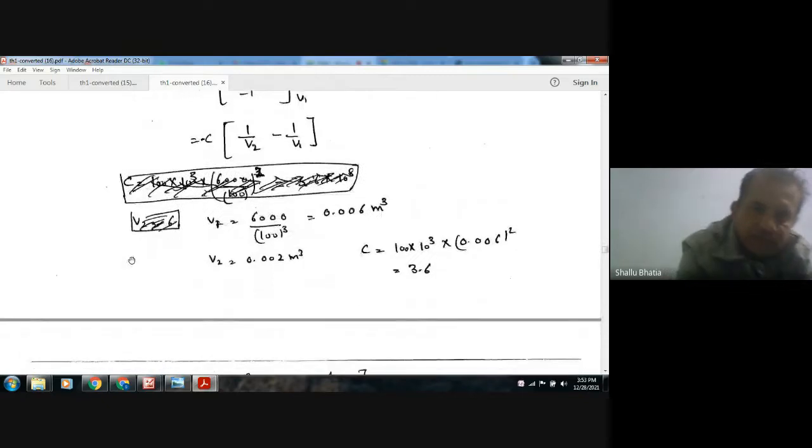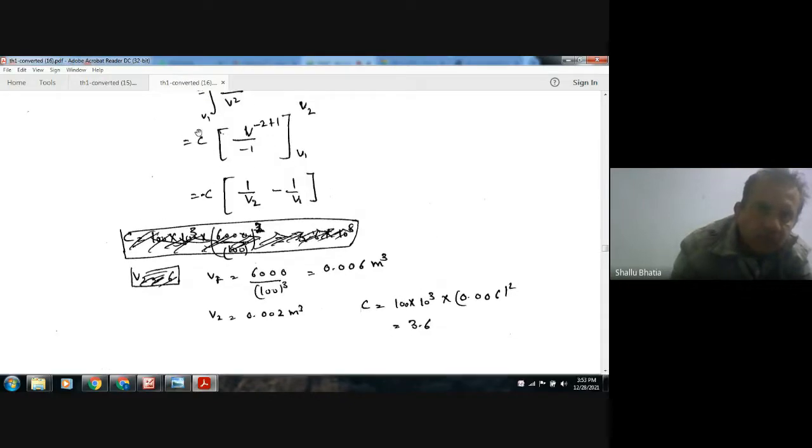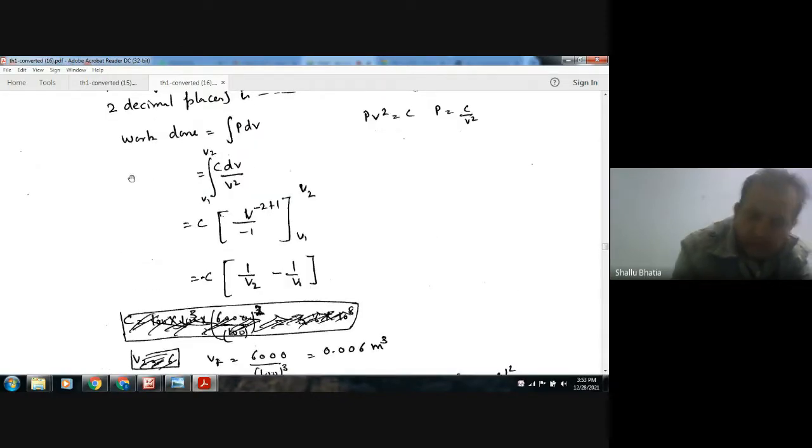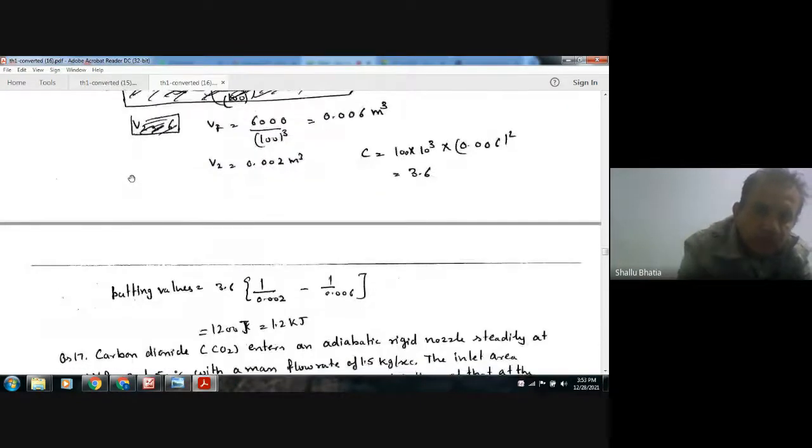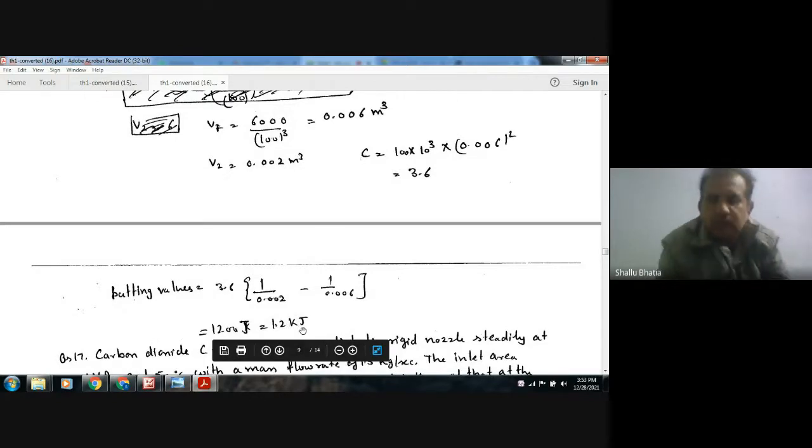So this is your C, this is your V1, this is your V2. Now you have to calculate the work done. Putting this value, we can get the work done, that is about 1.2 kilojoule.